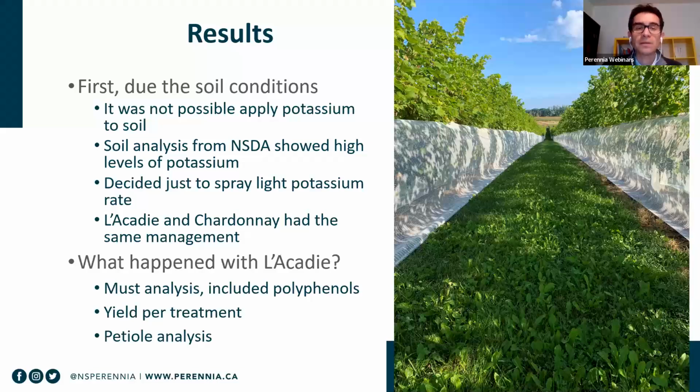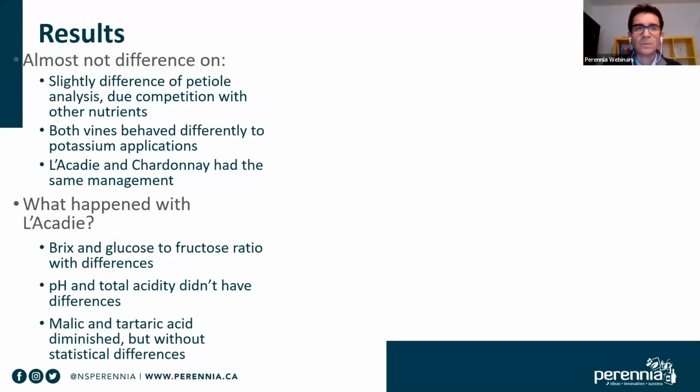So what happened with Lacadie? Well, we did must analysis, which included the polyphenols, yield per treatment, and petiole analysis. As a result, we saw almost no difference in petiole analysis due to competition with other nutrients. We already mentioned at the beginning that it's important to keep in mind the concentration of calcium and magnesium as well.